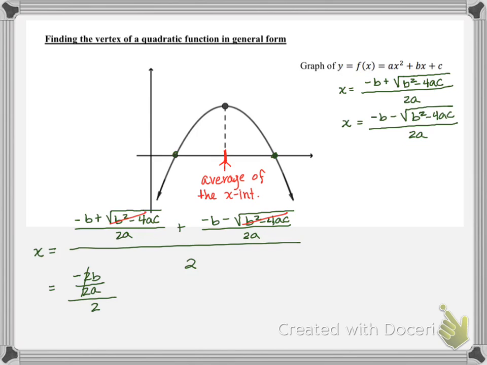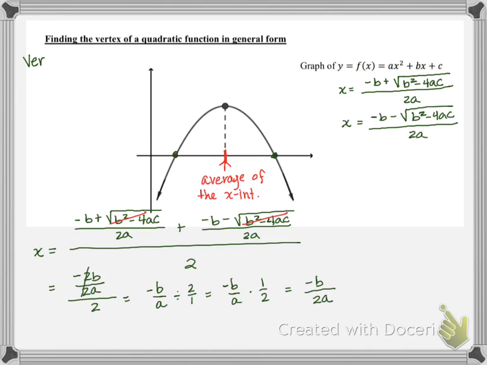I can cancel those 2's. And we have negative b over a divided by 2, which is the same as negative b over a times 1/2. So we just found the x-coordinate of our vertex.